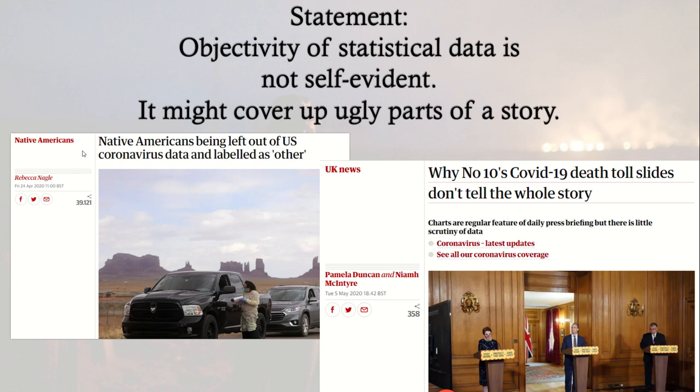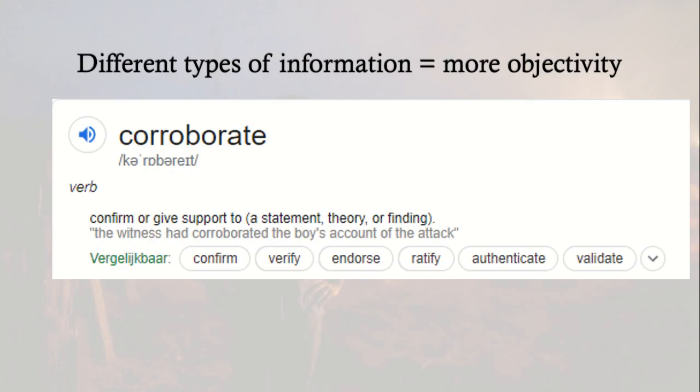So for the coronavirus, the essence of the debate is whether there is lots of testing or not, and that might even influence our impression of the situation in one country compared to another. So different types of information means more objectivity. Statistics need corroboration of different types of information in order to be more sure about the objectivity.